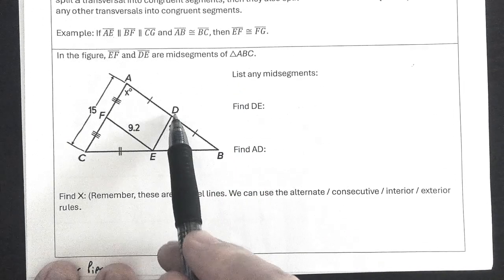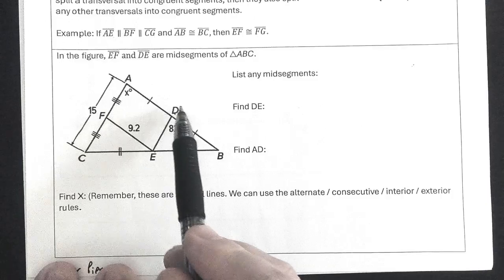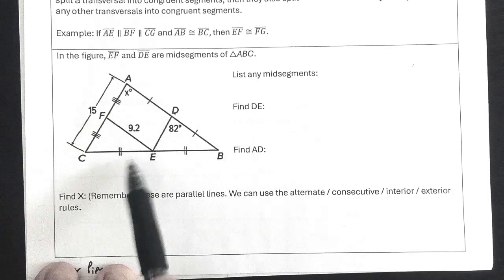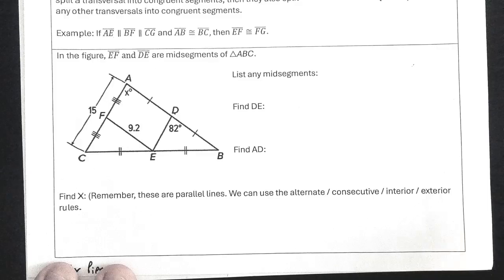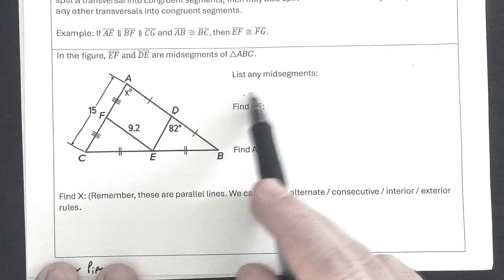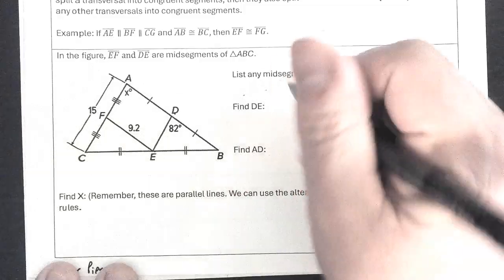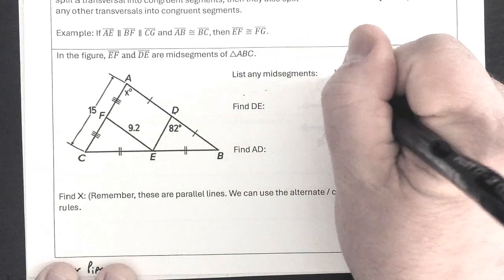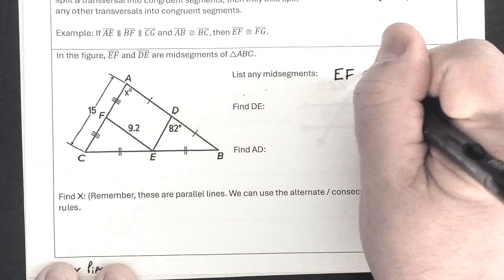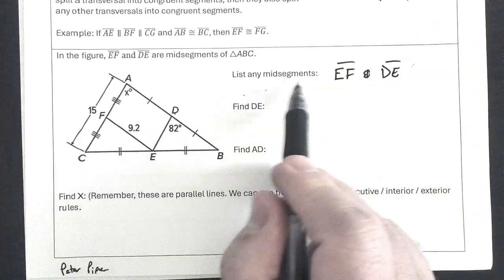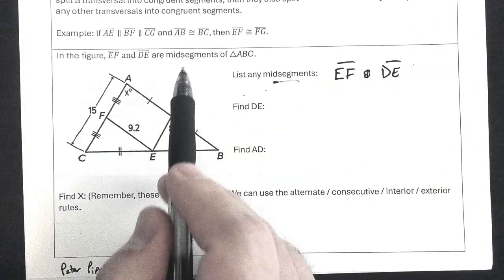So this is a mid segment of this triangle, and this is a mid segment of this triangle. Okay. So list any mid segments. Well, they told us: EF, and DE. So easy enough. Mid segments, they told us right here.